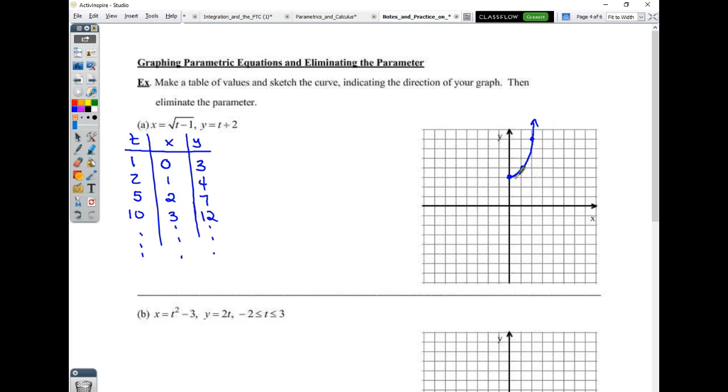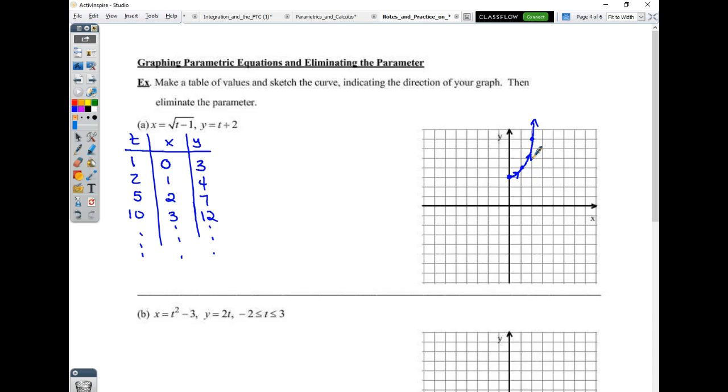Now again, remember, we want to show which direction we're going. So in between each set of points, I put an arrow going from point A to point B, giving someone direction to my curve. Ladies and gentlemen, you've graphed a parametric equation.